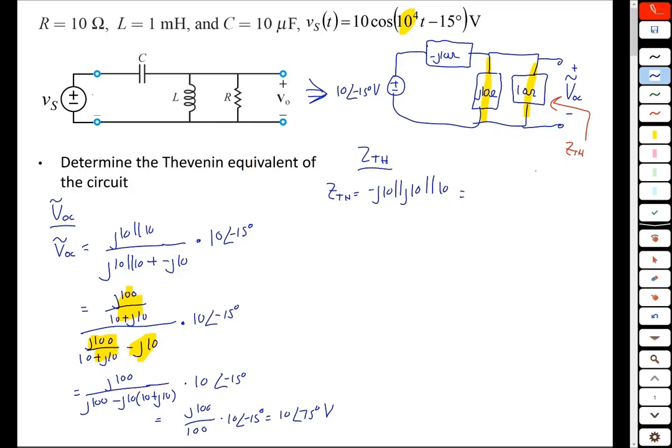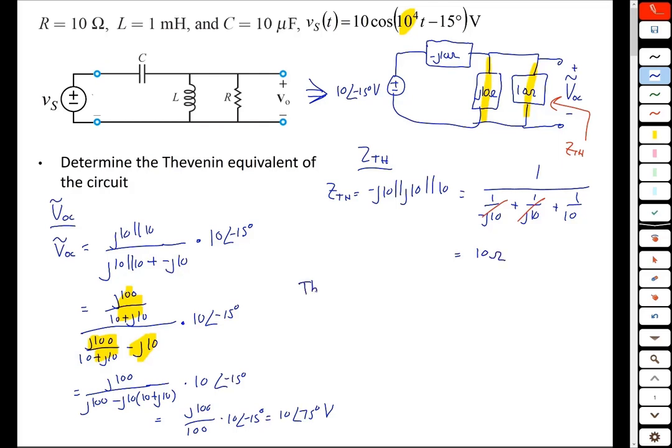When you have multiple things in parallel, it's the reciprocal of the sum of the reciprocals. So it's 1 over minus j10 plus 1 over j10 plus 1 over 10. Turns out these two cancel, and so we end up getting 1 over 1/10, or just 10 ohms.